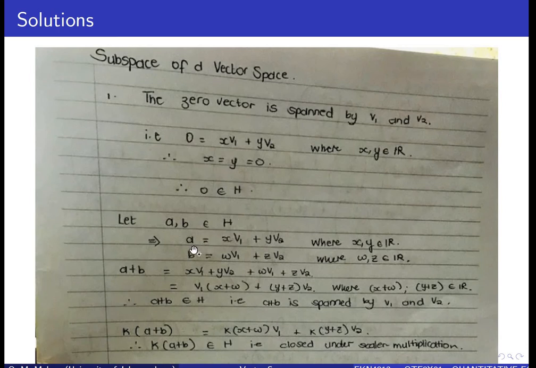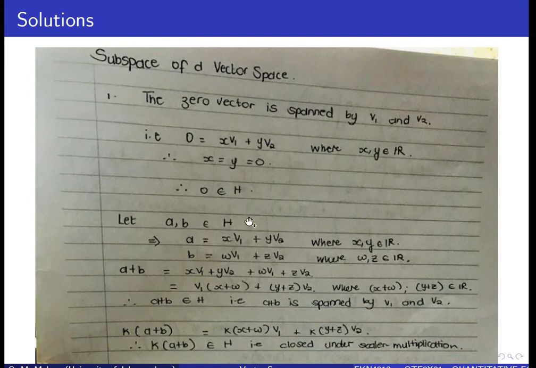So if a is in H, it means that a is spanned by v1 and v2, where x and y are elements of the real numbers. Remember, that's the definition of a spanning set. It means that a can be expressed as a linear combination of v1 and v2, where x and y are scalars.